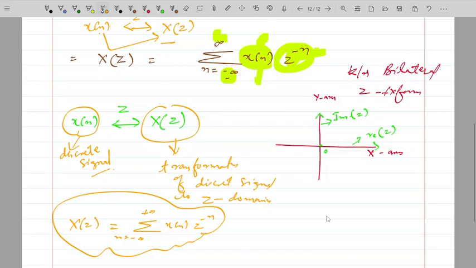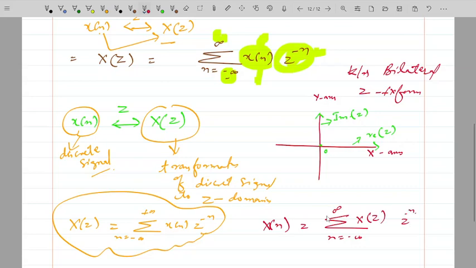And if we want to find the inverse of the Z transform of any signal, then we write the equation for x of n, that is, the summation with n equal to minus infinity to infinity, replacing x of n with x of Z, so Z raised to the power of minus n.